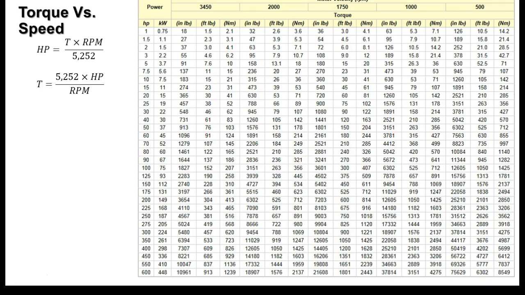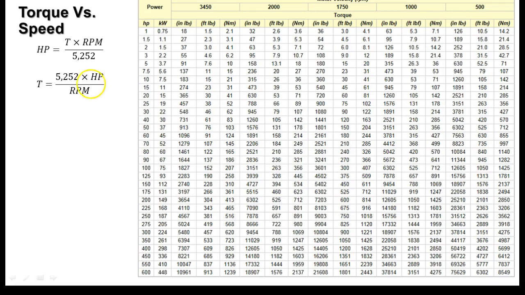So what we have to understand is, if I increase torque, what's going to happen to speed? Because torque is the rate of doing work. So what we're saying is that if speed goes up, then torque has to do what?